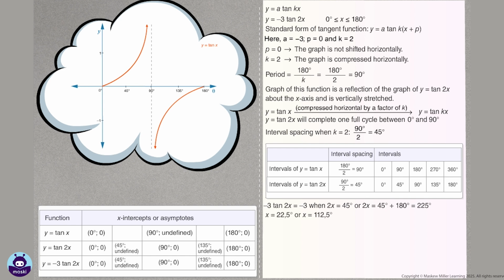Therefore, x equals 22,5 degrees, or x equals 112,5 degrees. -3 tan 2x equals 3 when 2x equals 135 degrees, or 2x equals 135 degrees plus 180 degrees equals 315 degrees. Therefore, x equals 67,5 degrees, or x equals 157,5 degrees.